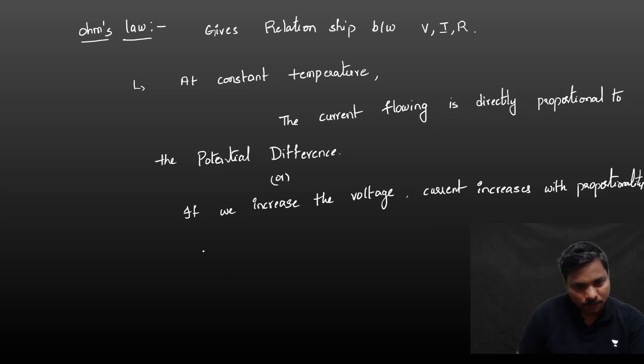That means if you increase the voltage, current increases. Current depends upon the potential difference. Whenever the potential difference increases, current also increases.